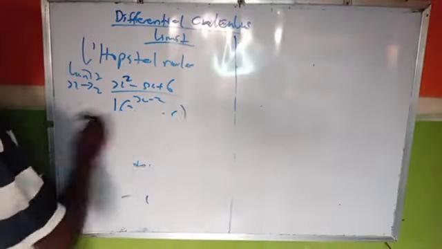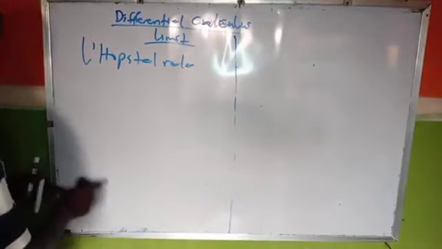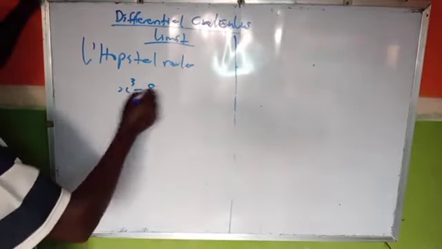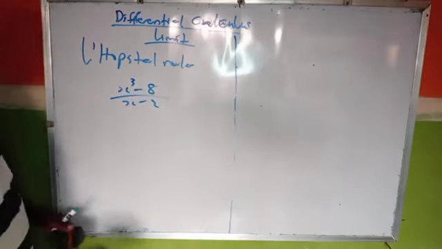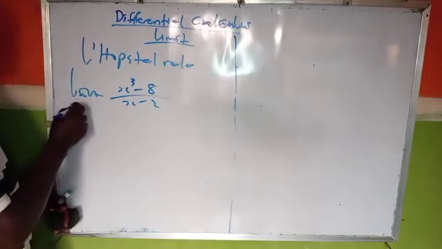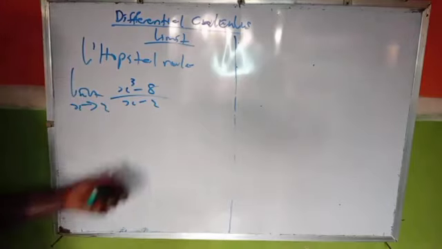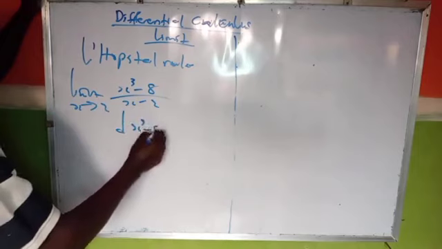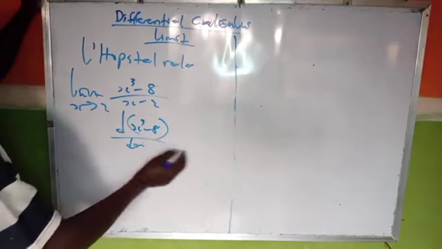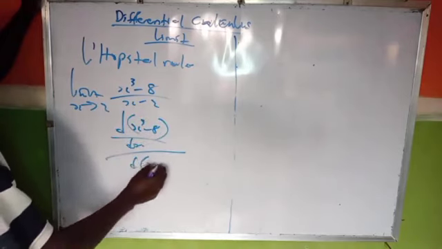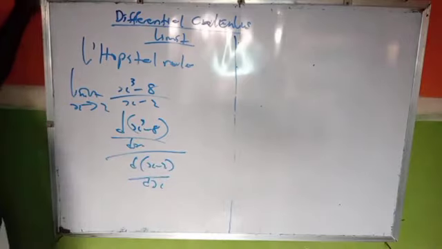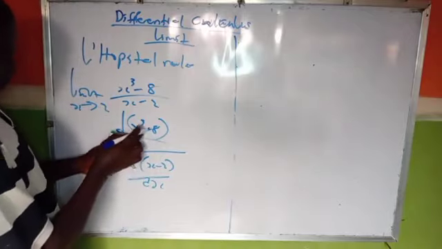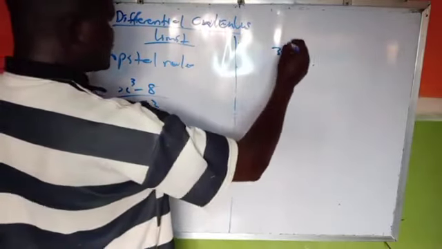We can equally test it on the second one that we did. The second one here is x raised to power 3 minus 8 over x minus 2, where the limit is x tends to 2. So you have the derivative of x cubed, which is going to give you 3x squared.